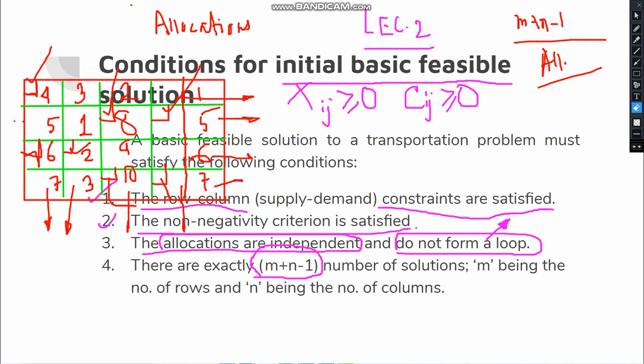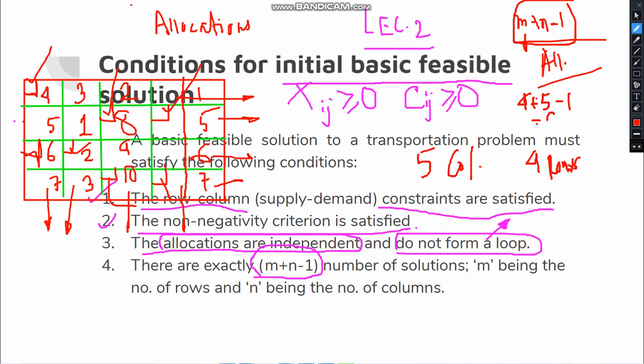So I just entered a new column. How many columns are here? There are now 5 columns. How many rows are there? 4 rows. So what do we mean by m plus n minus 1? M is the number of supply points or rows, so it is 4. N is the number of columns or demand points, 5. So 4 plus 5 minus 1.